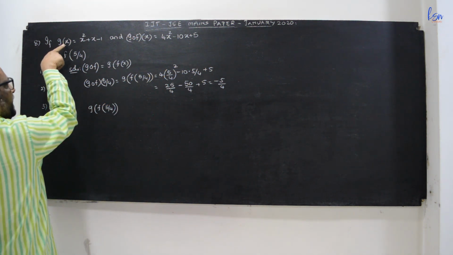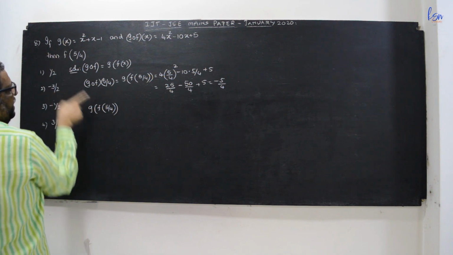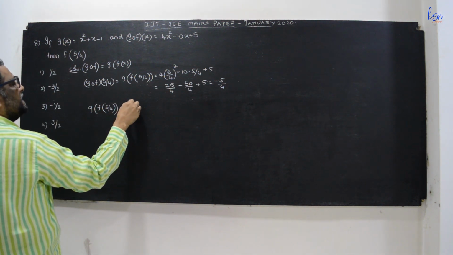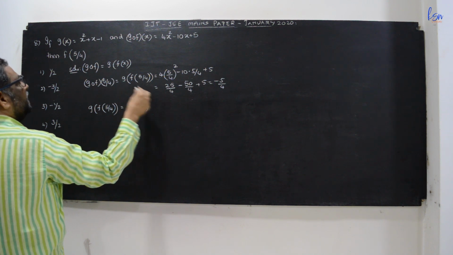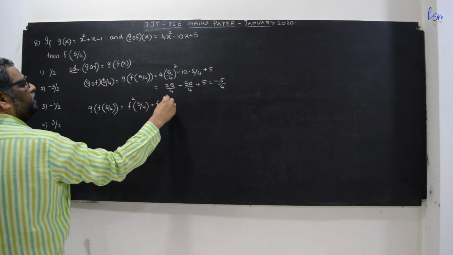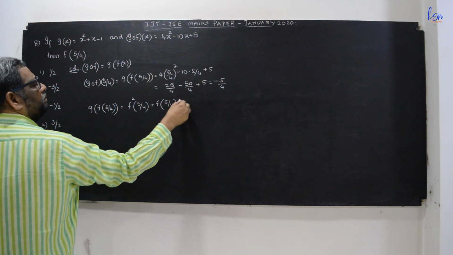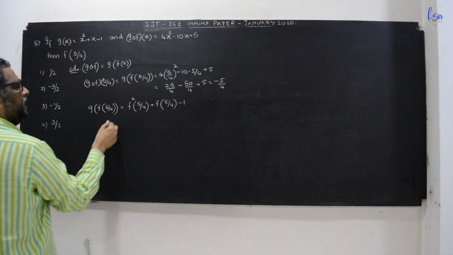So g circle f of 5 by 4: in g of x, in place of x, write f of 5 by 4. This is f of 5 by 4 whole square plus f of 5 by 4 minus 1. These two are equal.